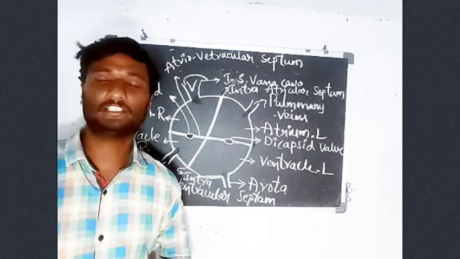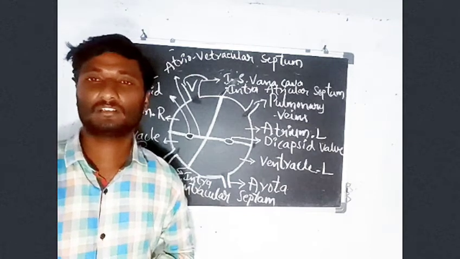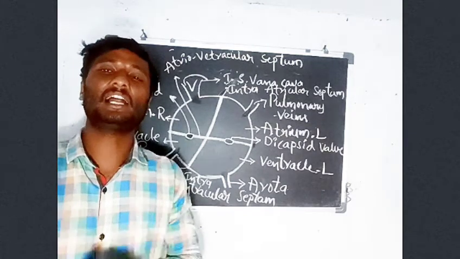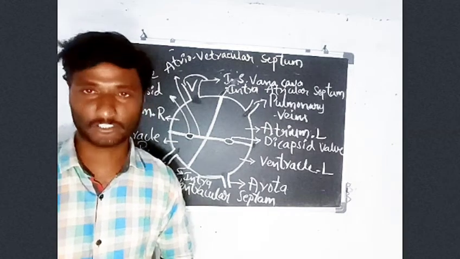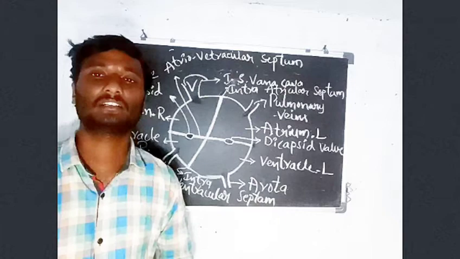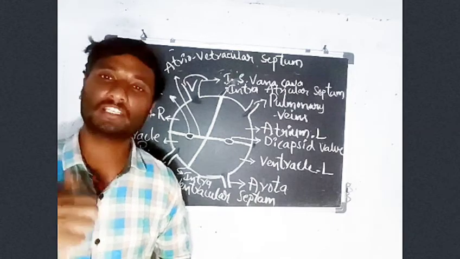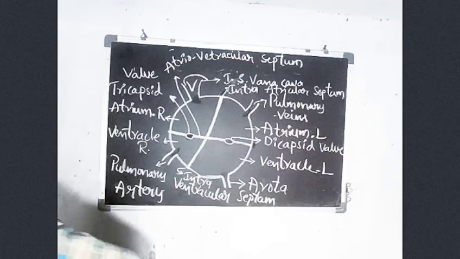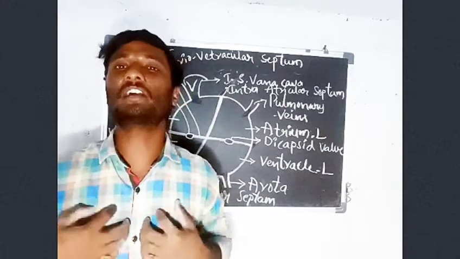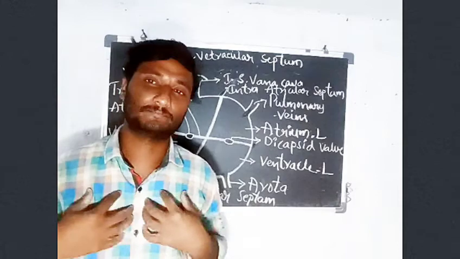The first one, heart external structure. That means where it is located and how it looks. The heart is located in the thoracic cavity.